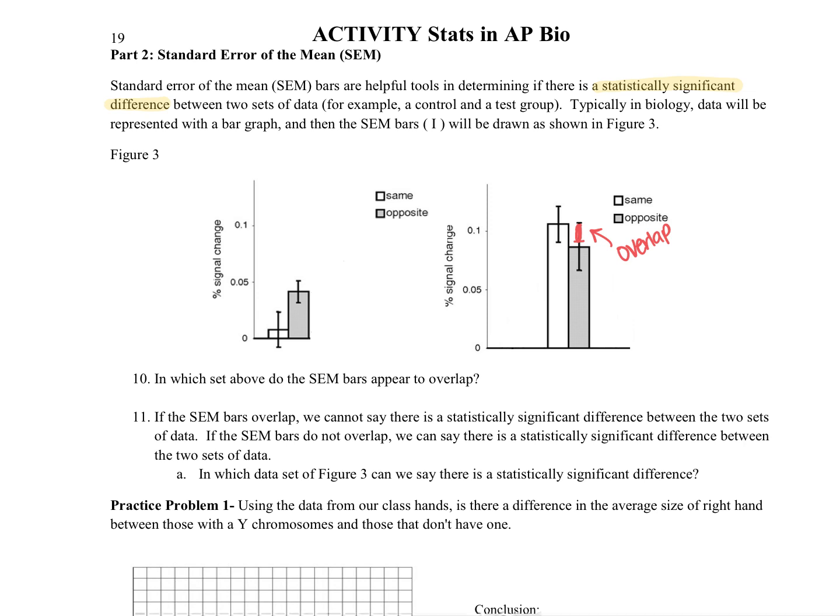If the SEM bars do not overlap, then we can say there is a statistically significant difference between the two sets of data. Now, you are not going to be asked to calculate statistical differences, but you are going to be asked to draw graphs and interpret statistical differences.